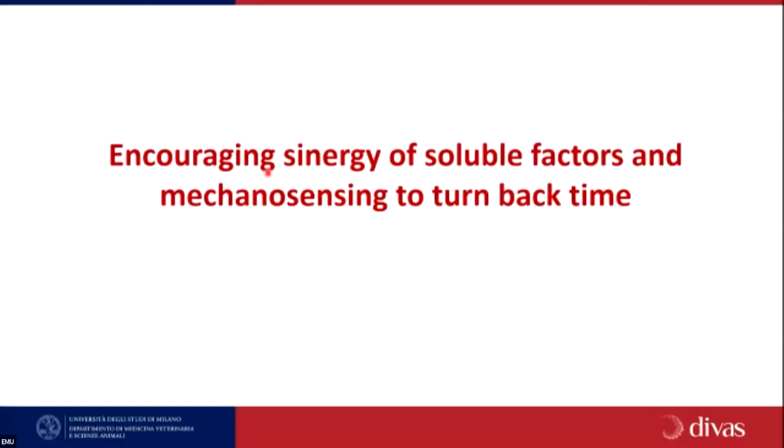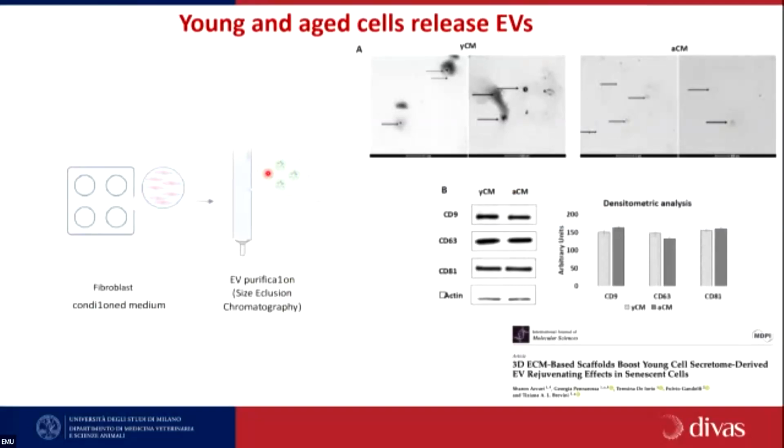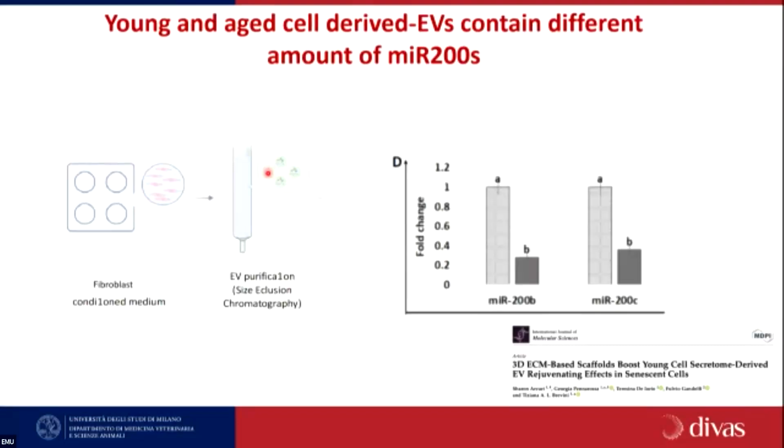So just to close, I will go back to what Sharon was telling you, and I will skip all the part where she told you about the role of EVs and the rejuvenating effect of EVs, because she very nicely told you about it, and the possibility to identify a contribution, together with many other factors, of the miR-200 family.